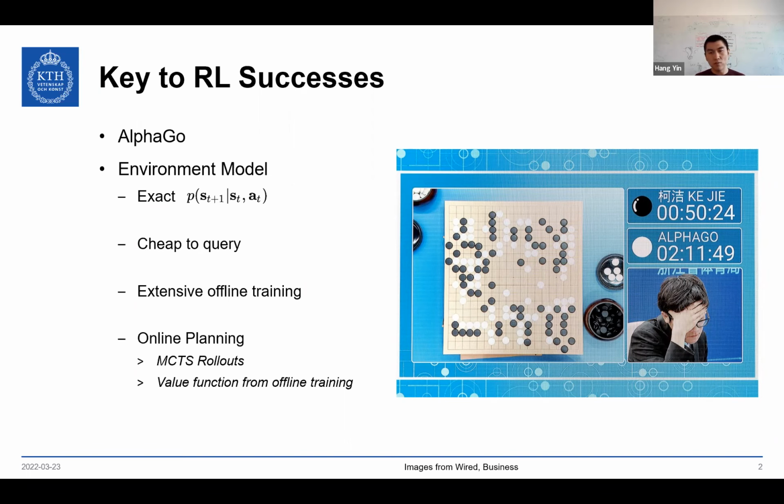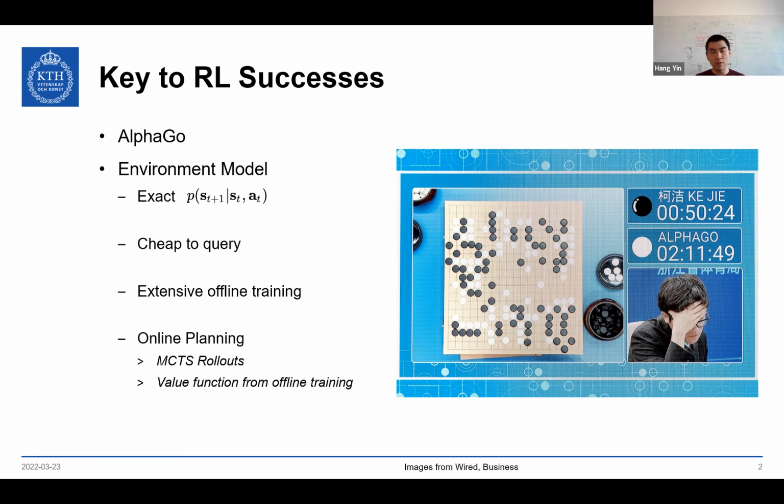You see that most of them have some properties that are very unique to this type of problem. The first one is that basically you have access to an exact model. It's like when you place a stone, you know what is going to happen. It will kill other stones, or you cannot place there, because these rules are simple enough to be simulated on your computer.